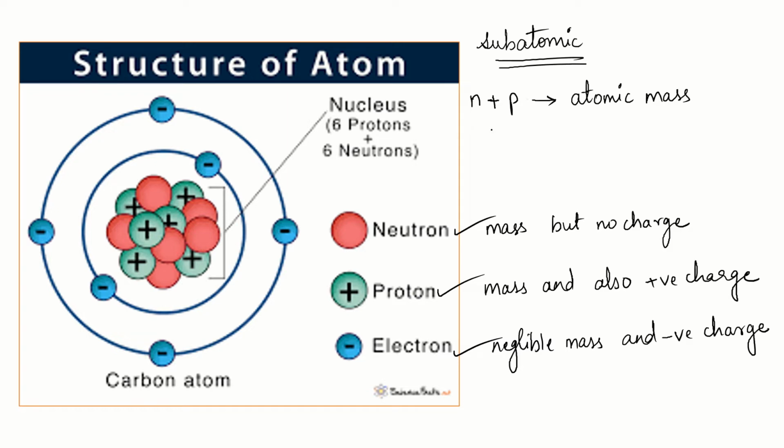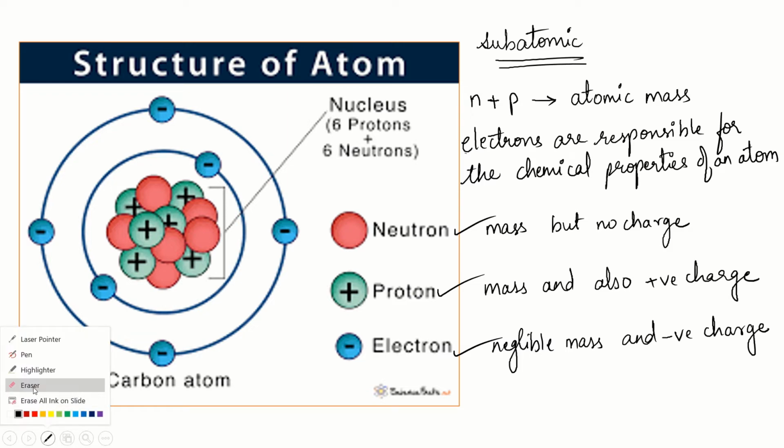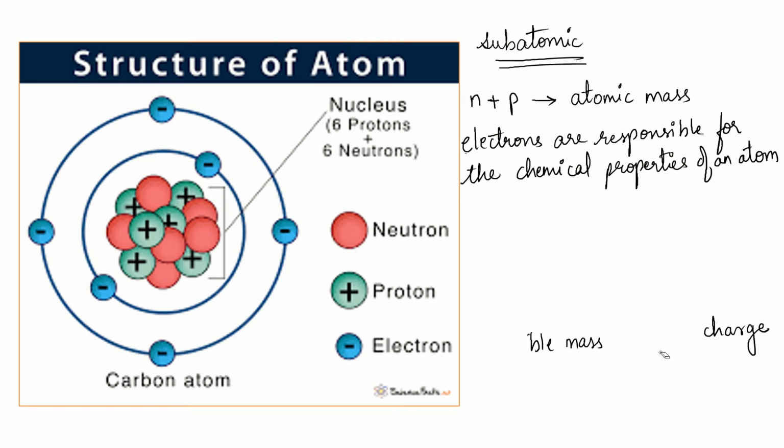So electrons are responsible for the chemical properties of an atom always. Whereas protons cannot define the chemical properties of an atom, because when a particular atom is participating in a chemical reaction, the location of the protons is in the center of the nucleus.